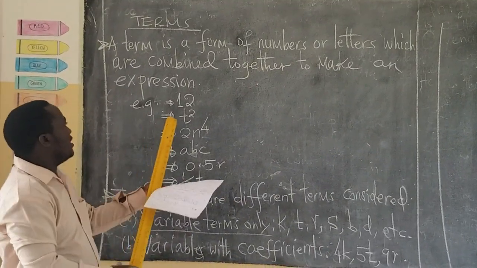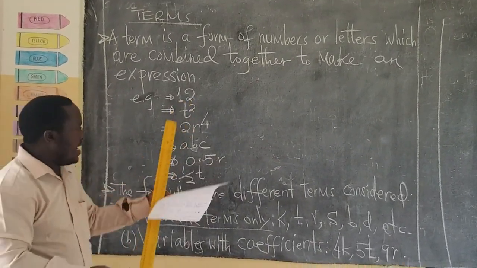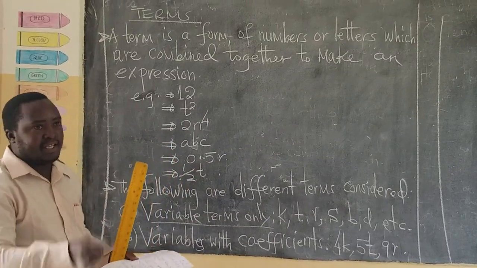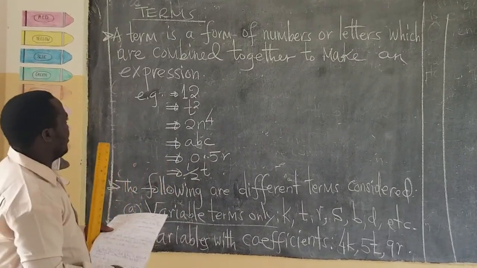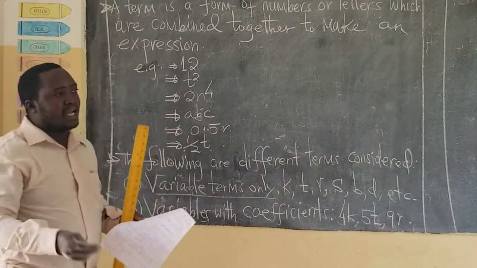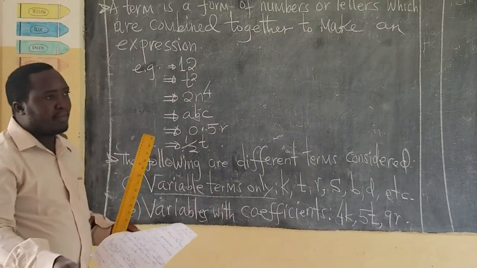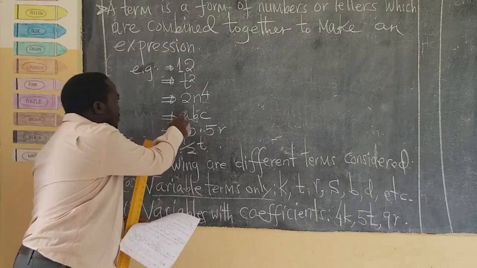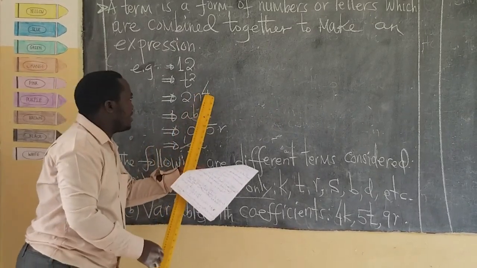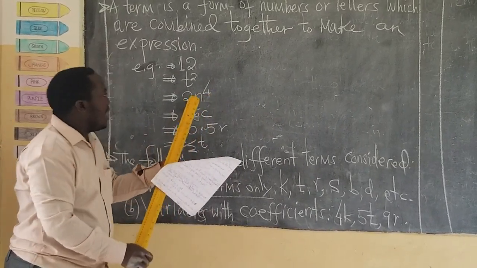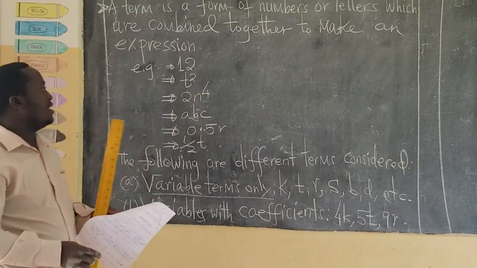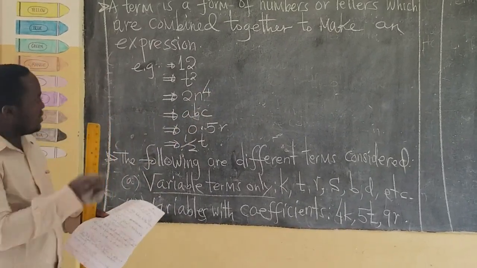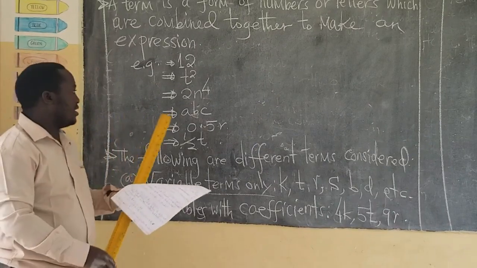Example, we have the number 12. 12 there is a term and also an expression. Here we have t squared. That is also a term and can be used to form an expression. We have 2 with exponent 4. It's a term but also an expression.